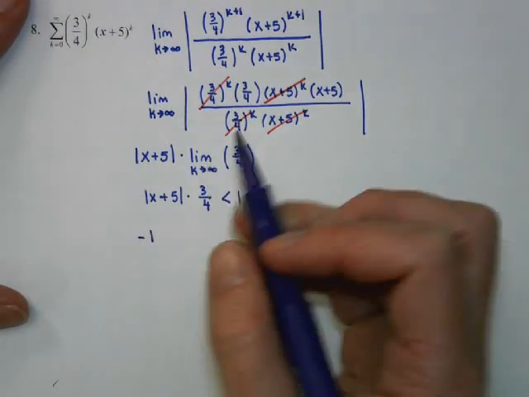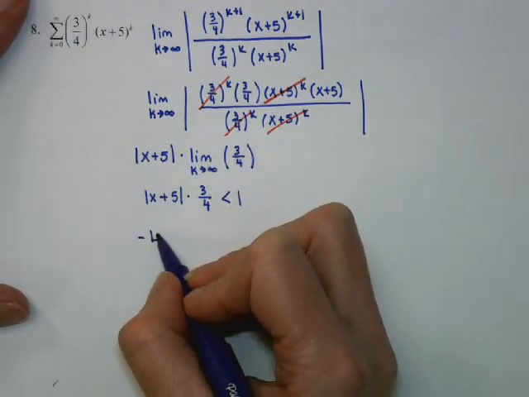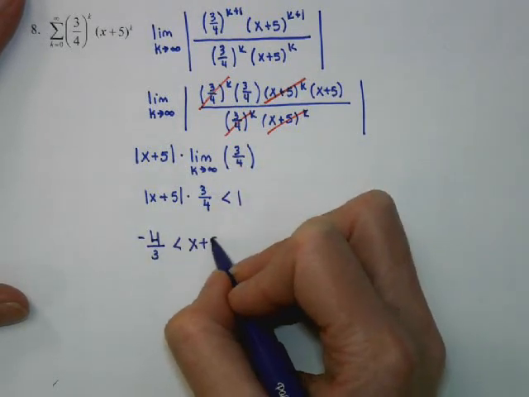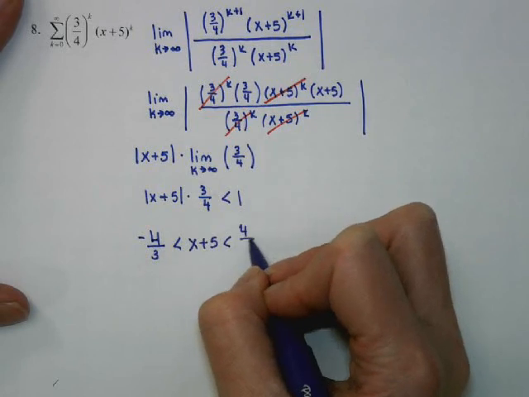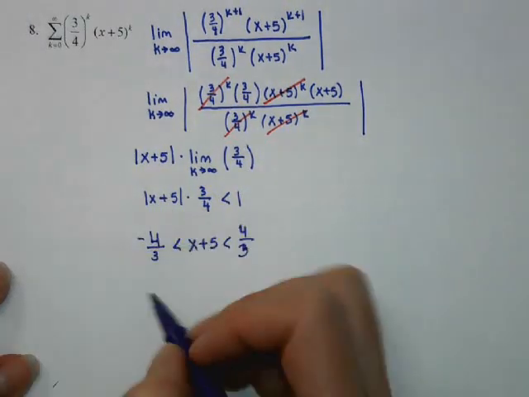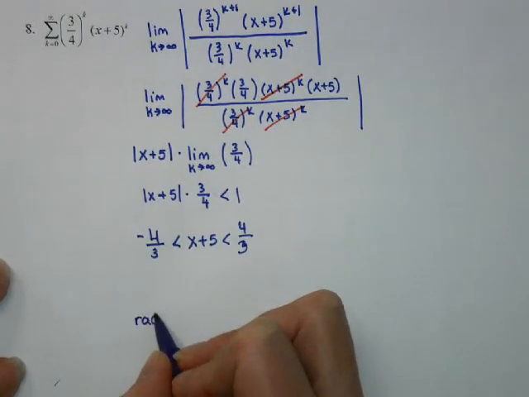So we want −4/3 < x+5 < 4/3. Okay, so this means my radius is 4/3.